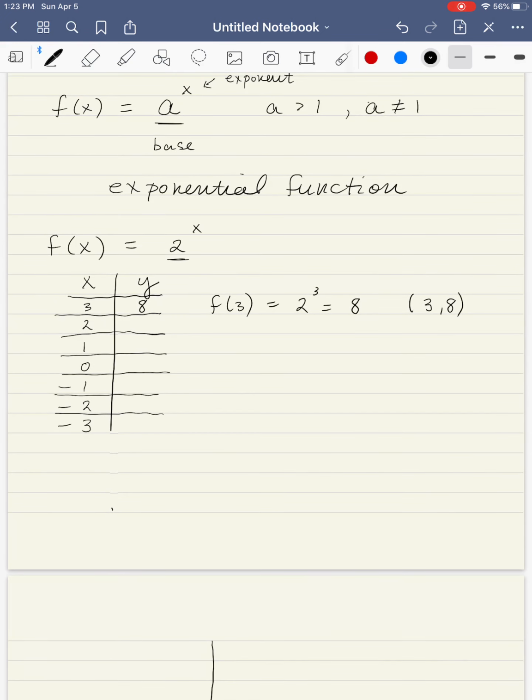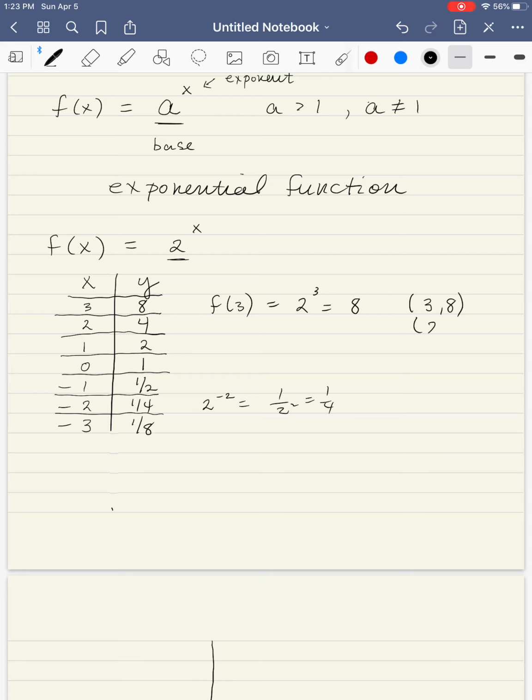Okay, so we have 2 squared is 4, 2 to the first power is 2, 2 to the 0 power is 1, 2 to the negative 1 power is 1 over 2, which is 1/2, 2 to the negative 2 power is 1 over 2 squared, which is 1/4, and 2 to the negative 3 is 1 over 2 cubed, which is 1/8.